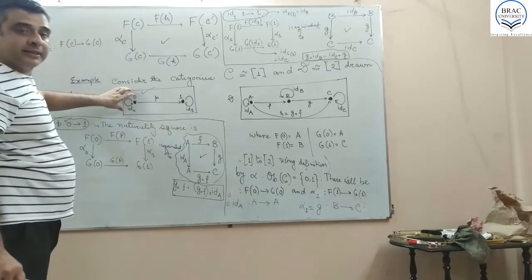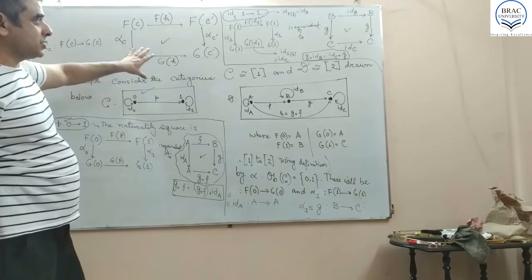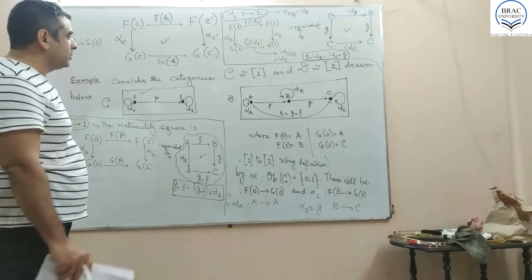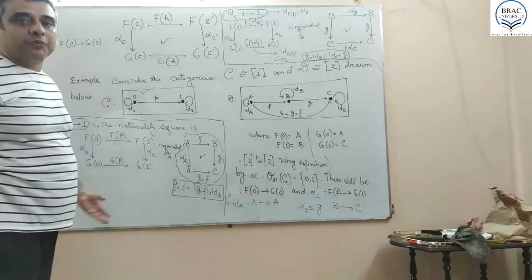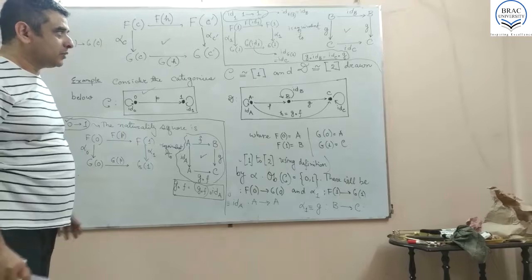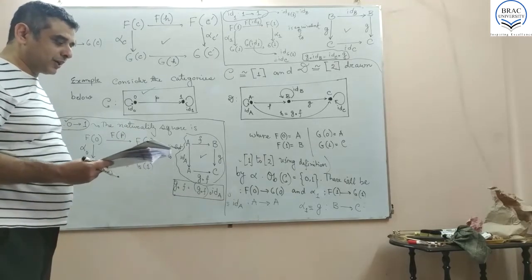Associated with that morphism, you can find a naturality square, a commutative diagram. One should be able to see that immediately. So I leave it as an exercise.